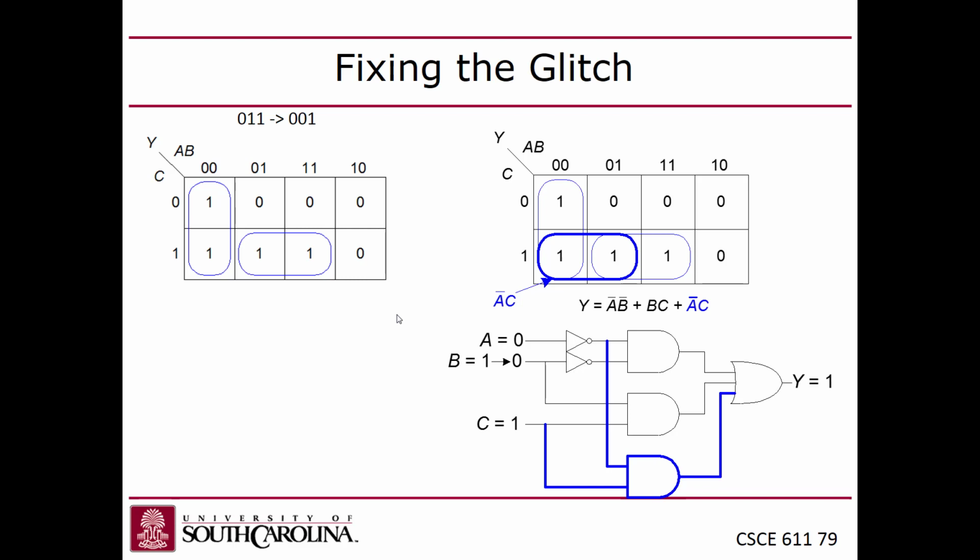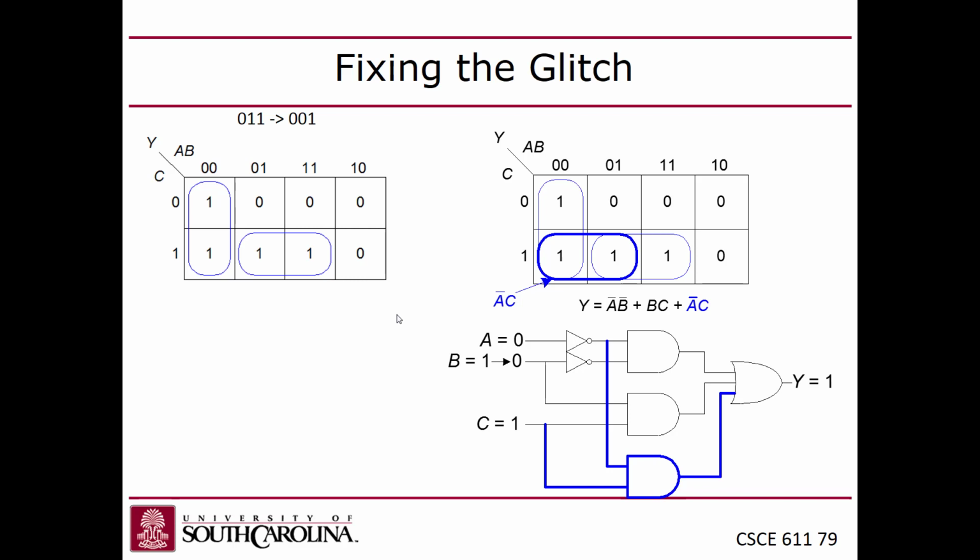And because we changed groups, it's going to cause a glitch, right? So the book suggests you can fix this by adding a third implicant, which is put a circle around these two ones.